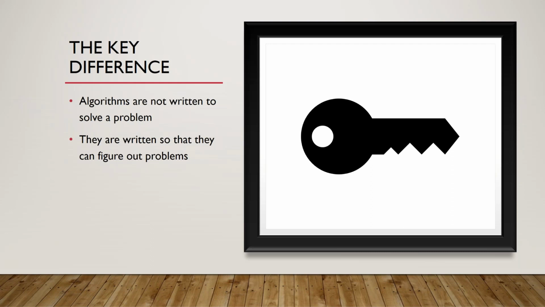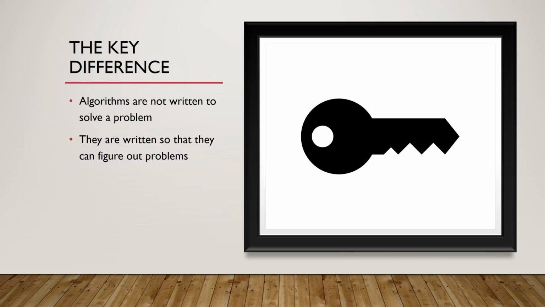But all in all, the key difference here, and this is the part that really trips up software engineers, is we are so used to writing algorithms that solve problems. I want to do a bubble sort, so I write an algorithm to do a bubble sort.